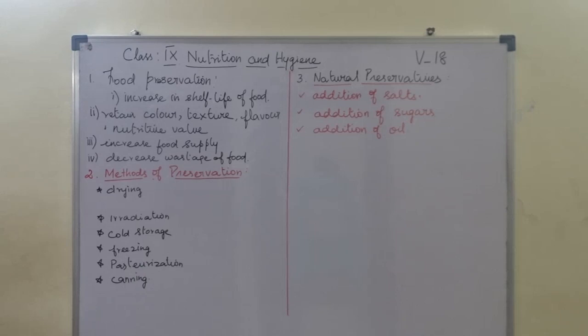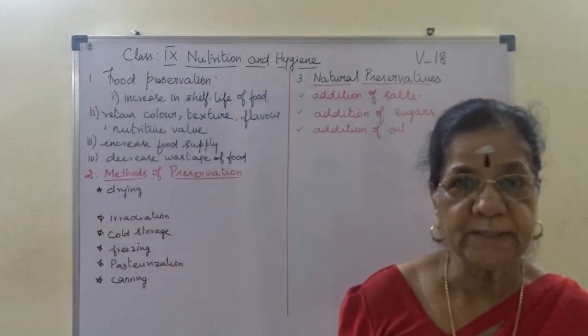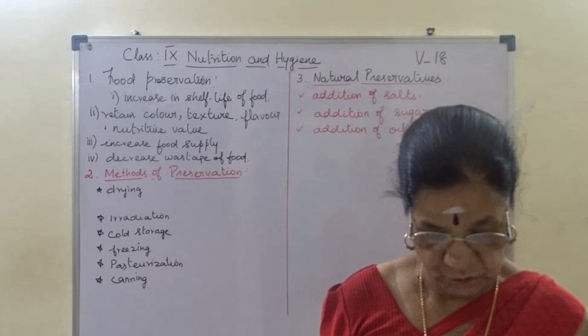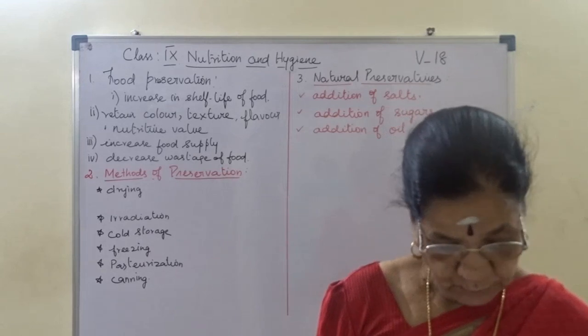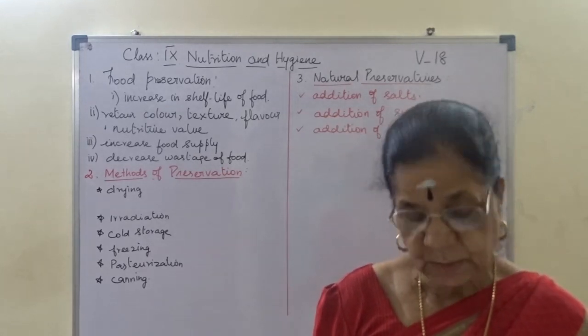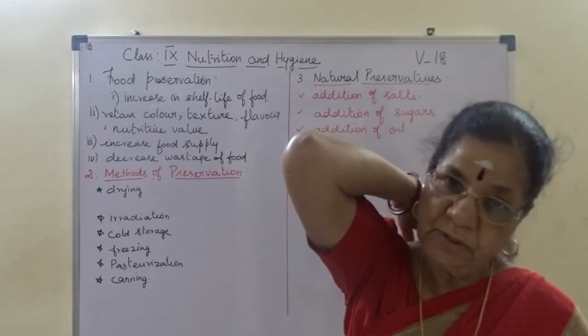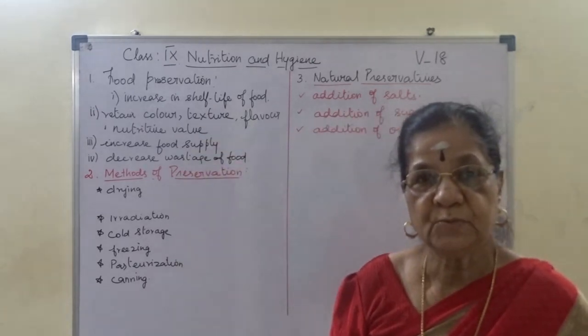So food preservation is the process of prevention of food from decay or spoilage by storing it in a condition fit for future use. I repeat, food preservation is a process of prevention of food from decay or spoilage by storing it in a condition fit for future use. So food is preserved for these four reasons. I hope you are able to follow this.